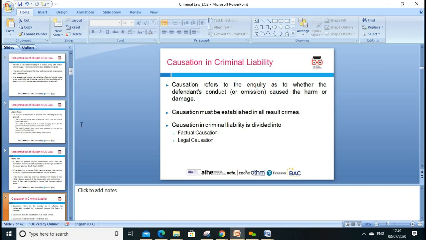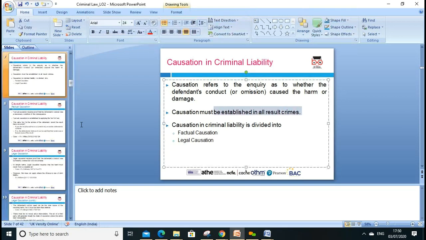Causation in criminal liability refers to the inquiry as to whether the defendant's conduct or omission caused the harm or damage. It must be established in all result crimes, and in criminal liability it is divided into two: factual and legal.